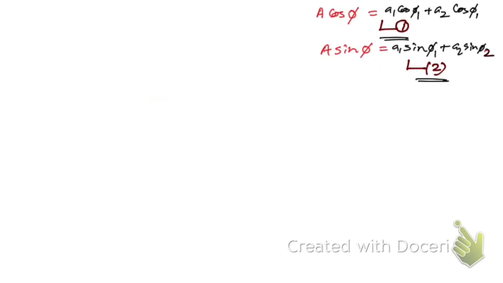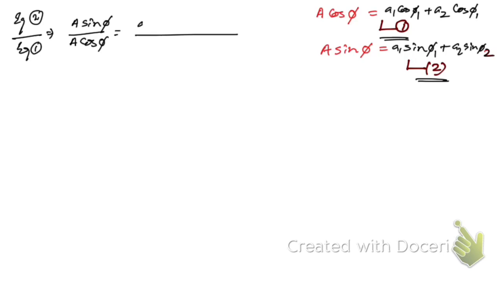Equation number 2 divided by equation number 1, then A sin phi by A cos phi is going to be equal to a1 sin phi1 plus a2 sin phi2 by a1 cos phi1 plus a2 cos phi2.